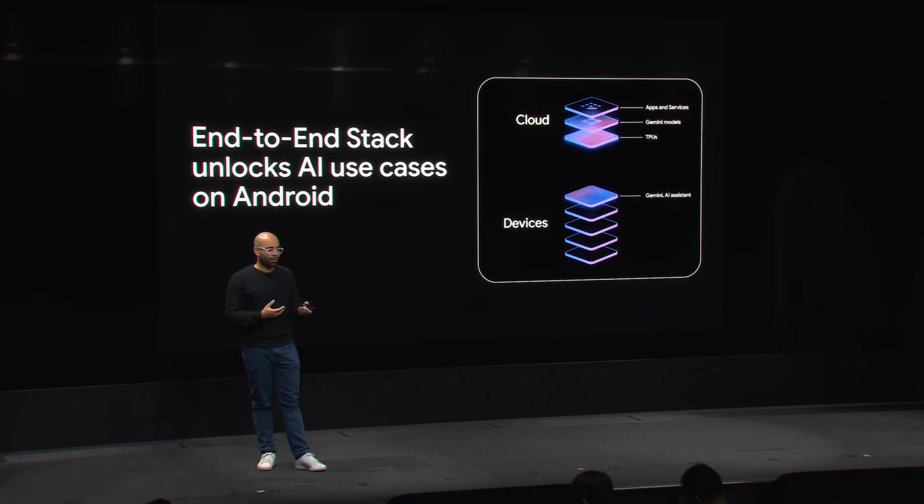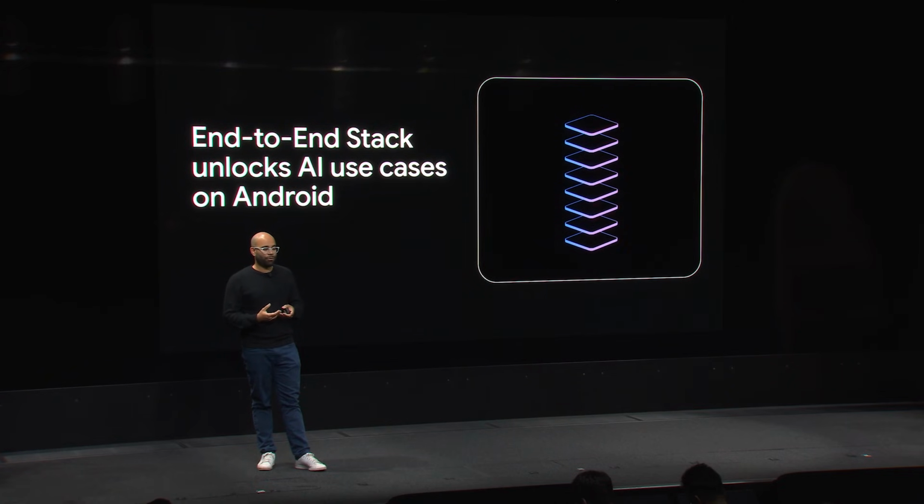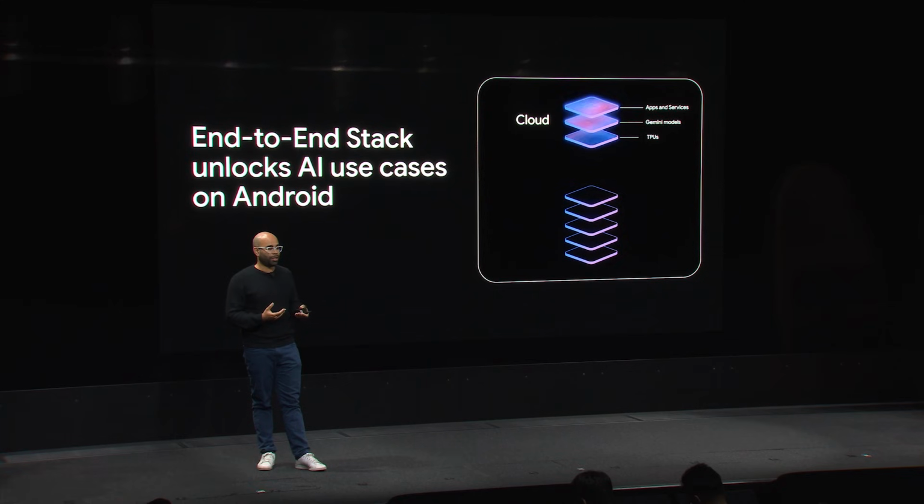To do that, Google is actually thinking of AI solutions as an end-to-end stack that includes the TPUs, the chips we are running inference on, models, and also all the way down to applications. And we are implementing that on both cloud and on device.